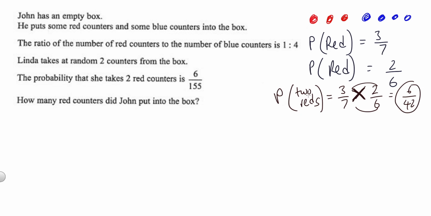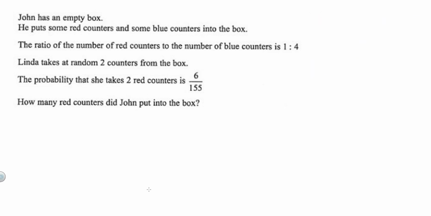That's a simpler version than what I've got over here, which I'm going to explain now. For this question, I am going to use algebra. If you want to read the question, please pause it right now. Okay, John has an empty box. He put some red counters and blue counters in the box.